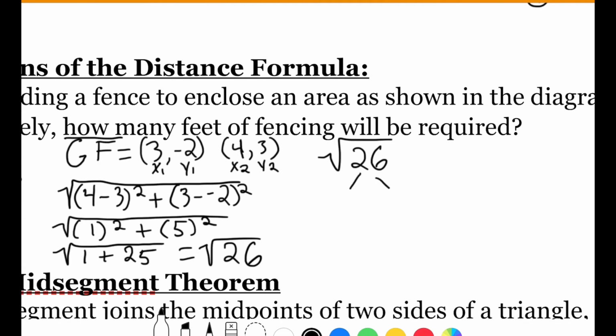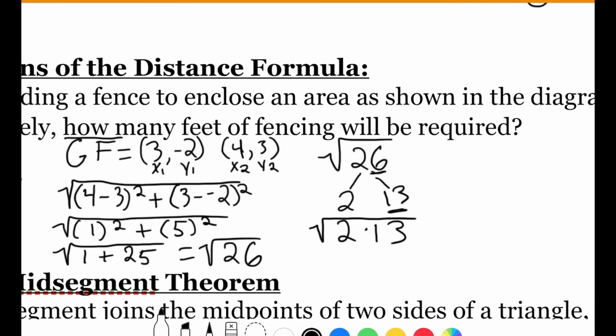So what is a number that can go into 26? Well, it ends with a 6. Is 6 even or odd? It's even. So we know for a fact 2 can go into it. 2 times what gives me 26? 13. Well, that would mean we would have the square root of 2 times 13.